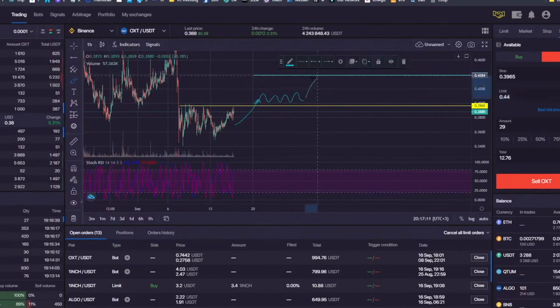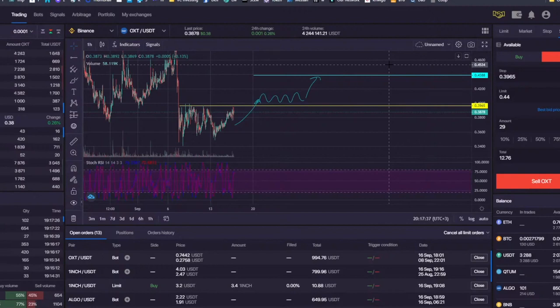And once it's triggered by the market price, it will plot a limit sell order at 0.44, which is somewhere, oh sorry, yeah, exactly, 0.44. So this is where it's going to set the sell limit order, and it's going to sell OXT from your balance. Okay.